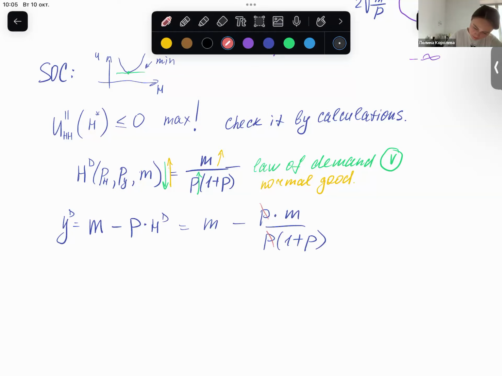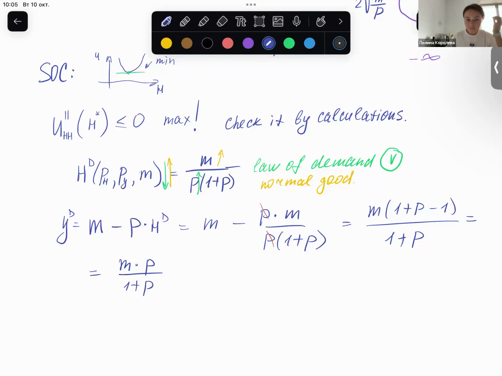So putting into the numerator, there will be M times 1 plus price minus 1, over 1 plus price. So the demand for the composite good will be M multiplied by price over 1 plus price. And P is the price of heating. Yes.